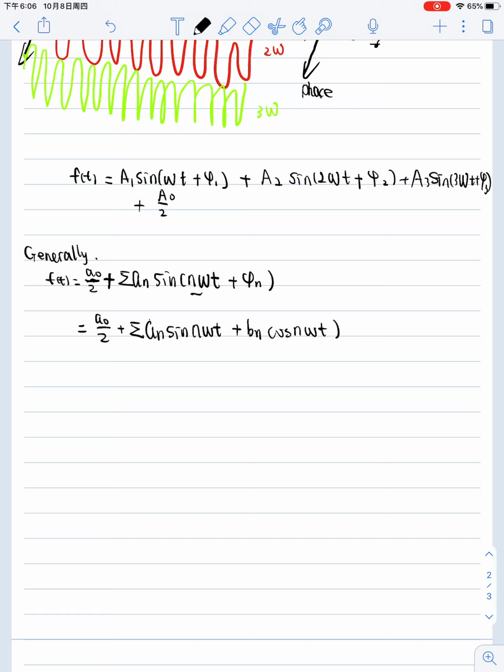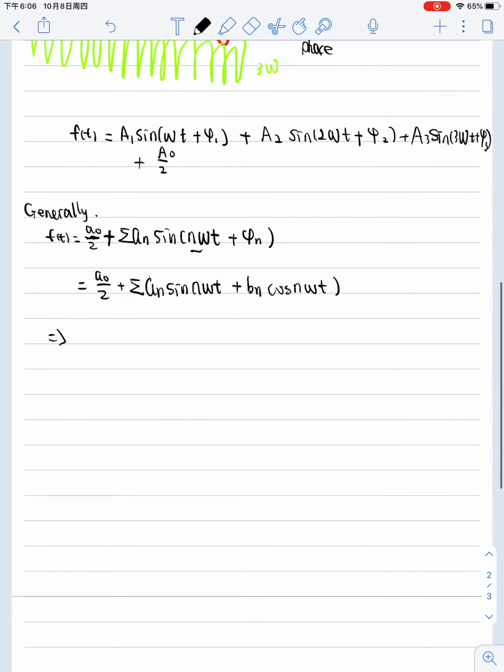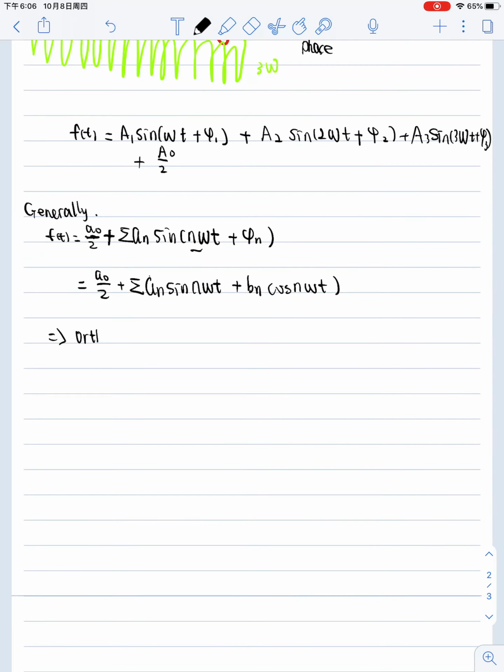From this we can also get the orthonormal basis: 1, sine n omega t, and cosine n omega t.